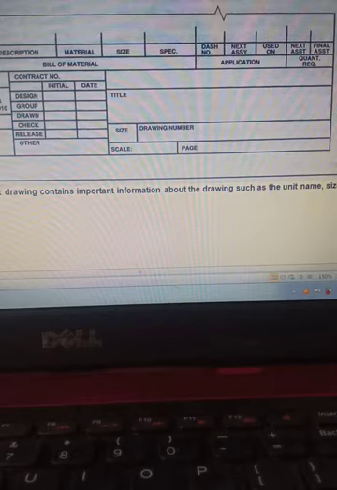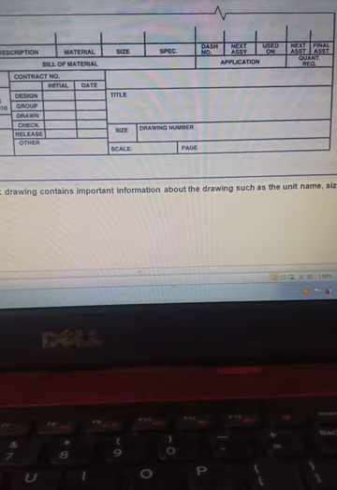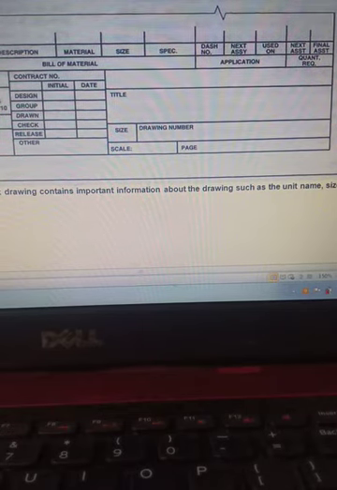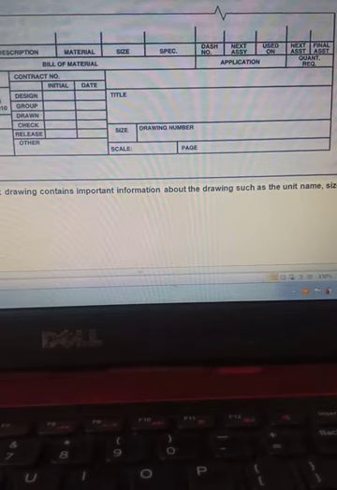So depende lang na sa unsay inyuhang maangayan nga gamiton. So notes identify deviation or various information added to drawings for various reasons.